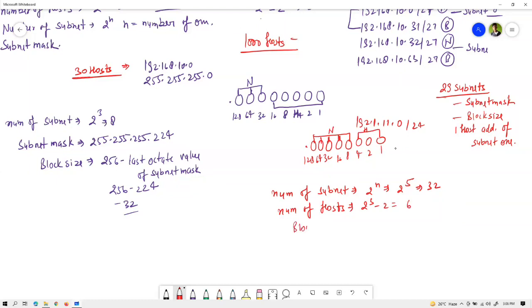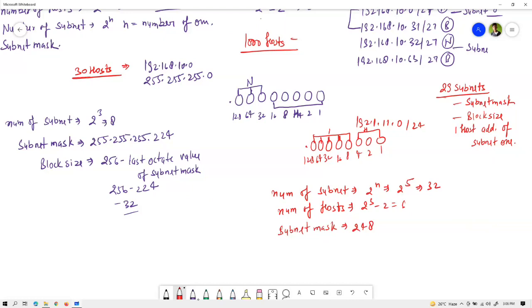Block size. Before block size, you can define the subnet mask, because block size will be calculated after getting the subnet mask. So here it will be 248, okay, the subnet mask.